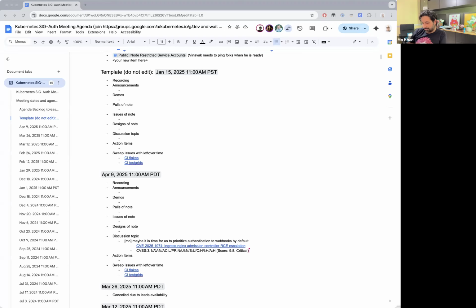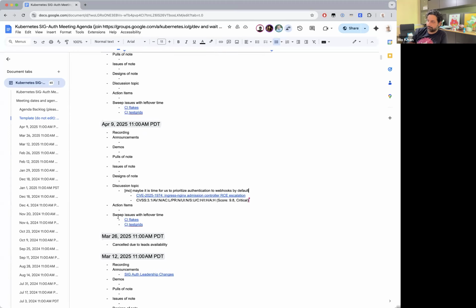I realize that the ship has certainly sailed on existing admission webhooks, and those will need to be updated to do something no matter what. But I think the step zero of all of this is it needs to be possible and easy, and then hopefully the ecosystem over time will adapt. I guess I'll pause there and see if folks have thoughts or feedback.